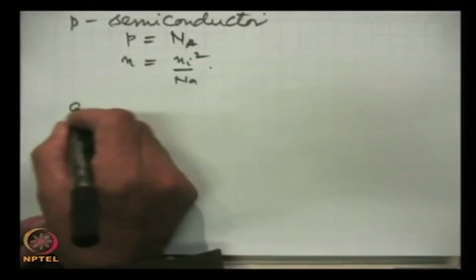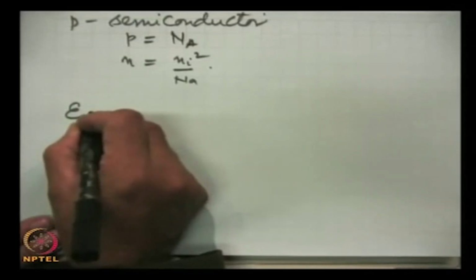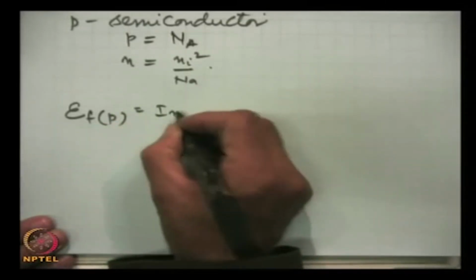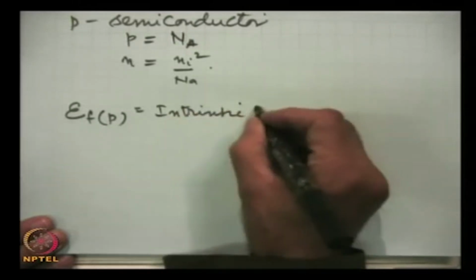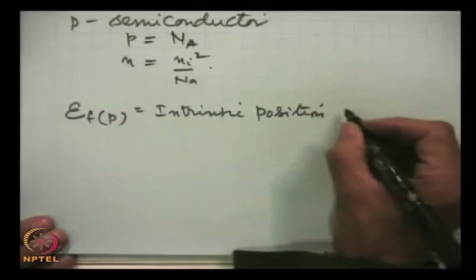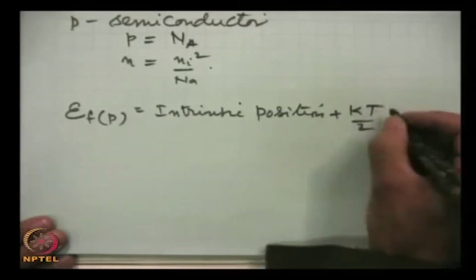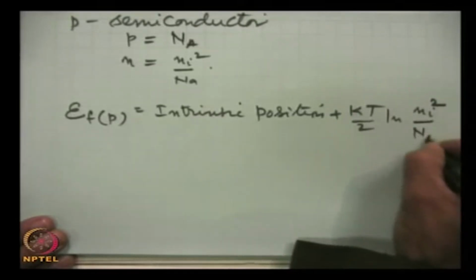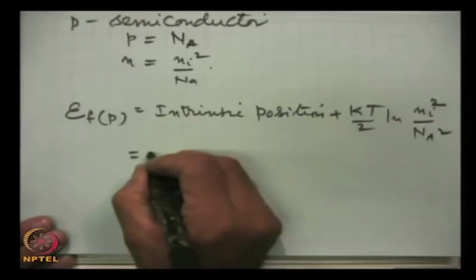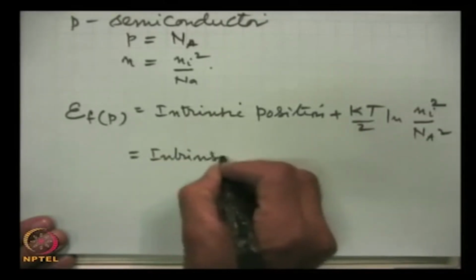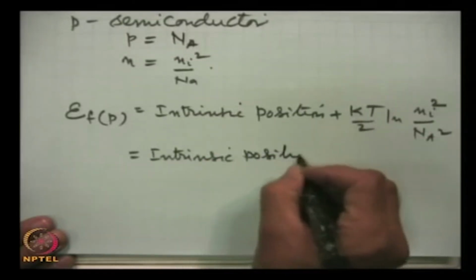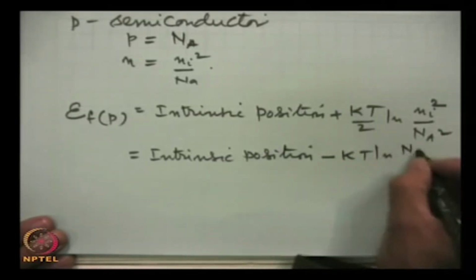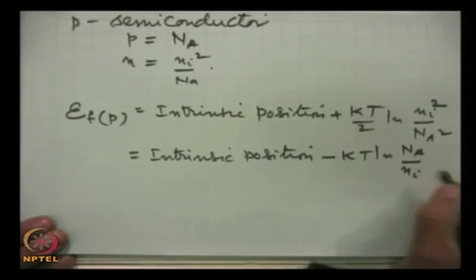Then the Fermi energy for p-type material is equal to the intrinsic position plus kT by 2 log Ni square by Na square, and that gives, this is equal to intrinsic position minus kT log Na by Ni.